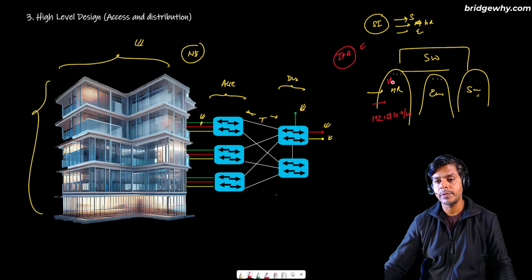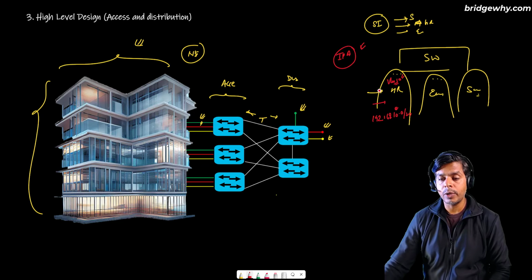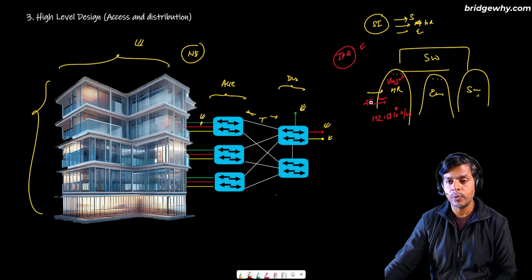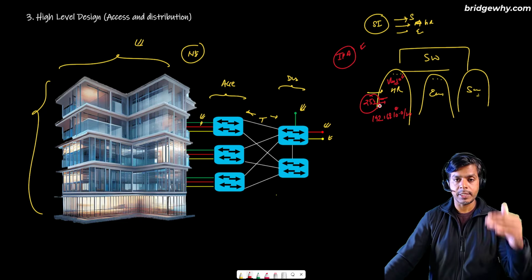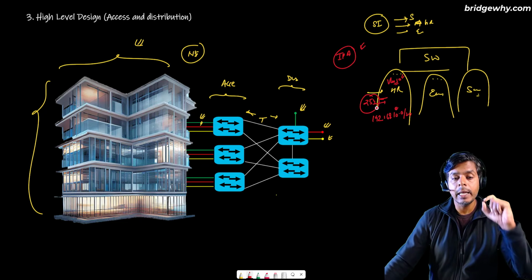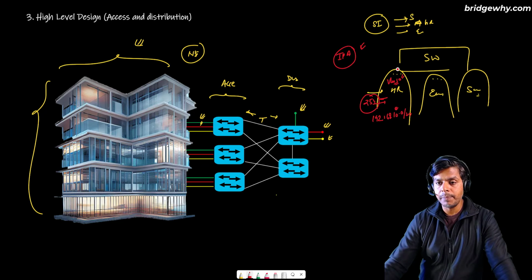Maybe this VLAN is VLAN number 10, and the third octet is the same. Suppose I have given this, right? Now I know that in this VLAN I can have 254 hosts, because the first address and the last address are reserved. The first address is your network number. The last address is the broadcast, and the first usable IP address we give to the default gateway.